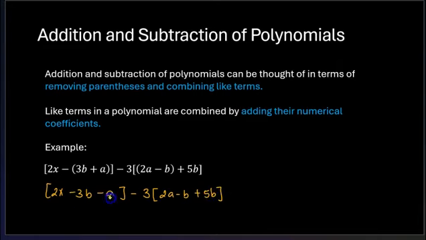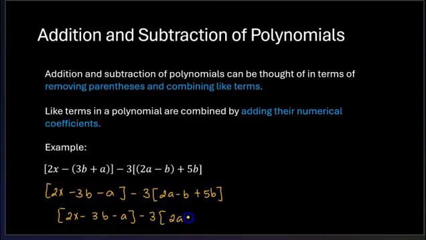Now let's see if we can simplify things here. If you notice, there's no like terms here. But for this one, there's a like term. So you have two options here. Either you take away the bracket by multiplying by negative 3, or we can first simplify.